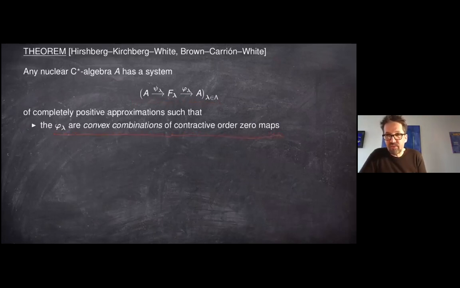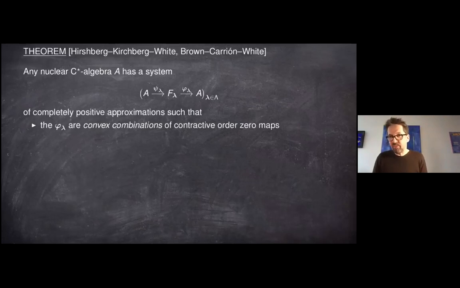So recall, for finite nuclear dimension, I wanted to write the phi^lambda as a sum of d plus 1 contractive order zero maps, and here we are happy to admit as many summands as necessary.